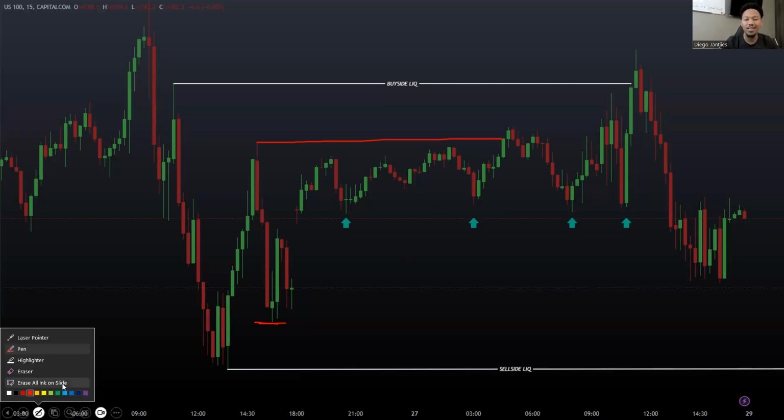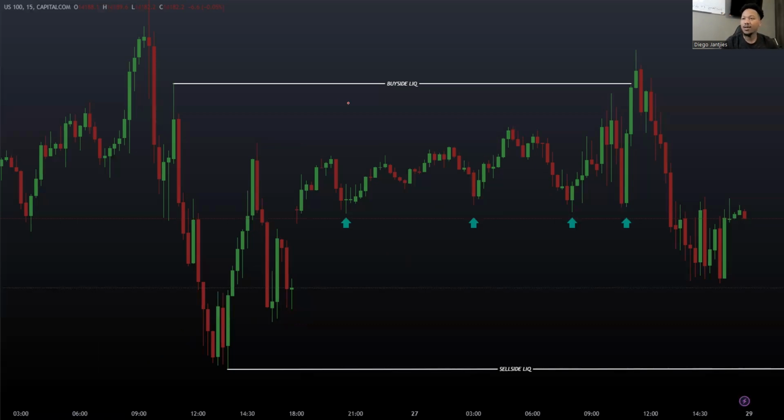Now I want to bring this to your attention, right? Where's the next major area? The next major area is literally this high right there. So you are expecting price to have some sort of a reaction from this major area. That is basically what I meant by find yourself looking at your major area and move from there onwards, right? Don't be so fixated on what's happening with your internal market structure over here.